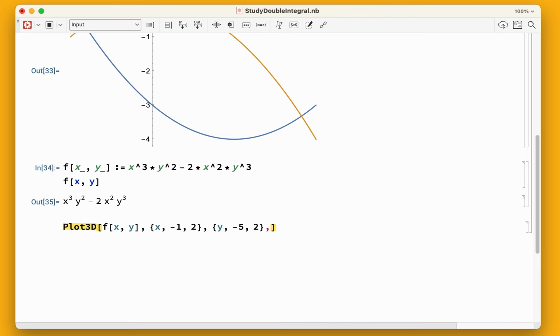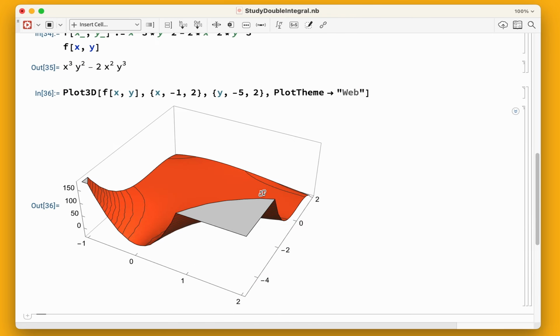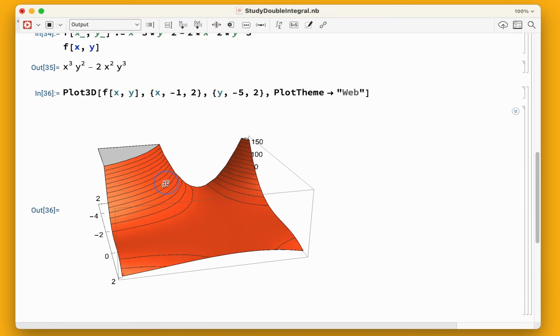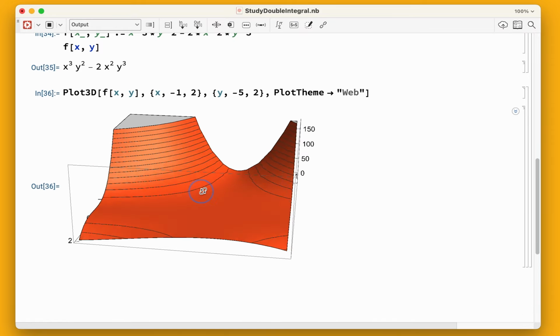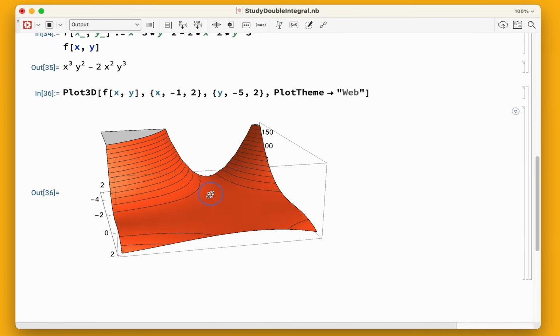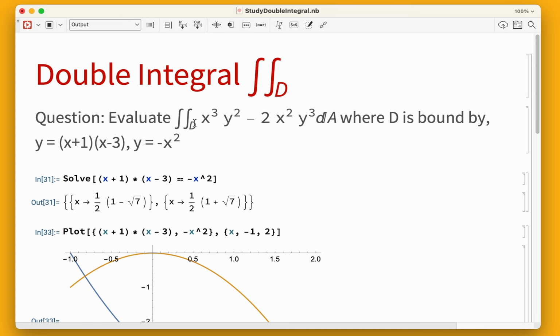And this is just some theming. I like this theme basically. So now we have plotted our function. This is how our function looks in 3D. Now if you look carefully, it is like when in math papers you see something like this, it doesn't make any sense.